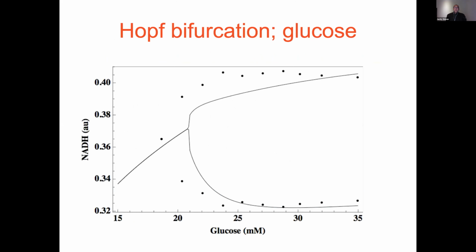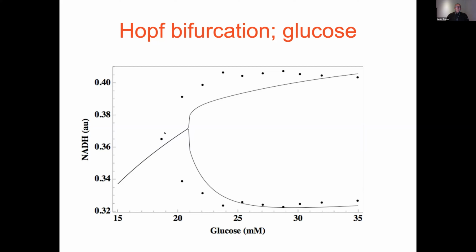And here is a prediction for the Hopf bifurcation. So what you see here is the experimental data, determined by a group in Denmark, where they vary the glucose concentration in the medium, and then they look at the amplitude of the oscillation. On the left of this point, there is no oscillation, so it's just a steady state. So there is then, of course, no amplitude.